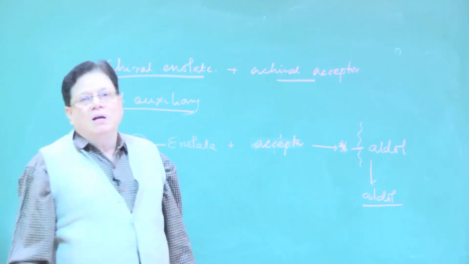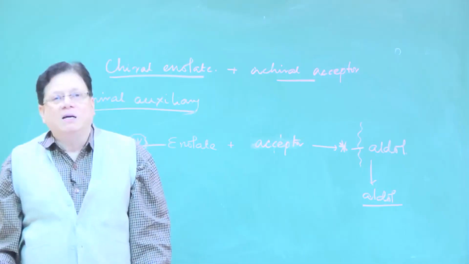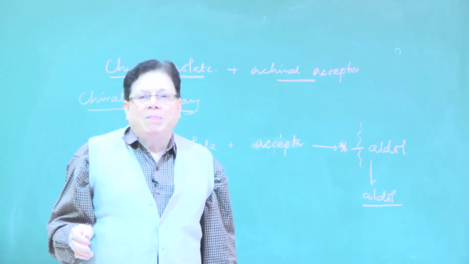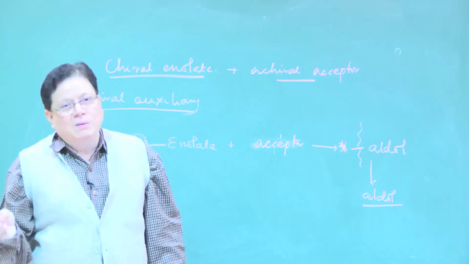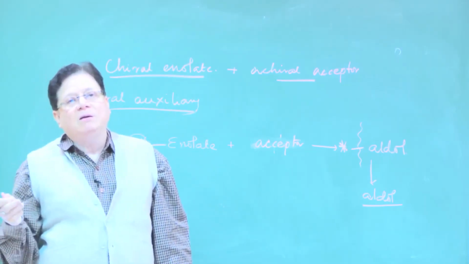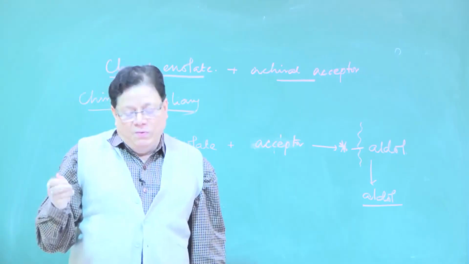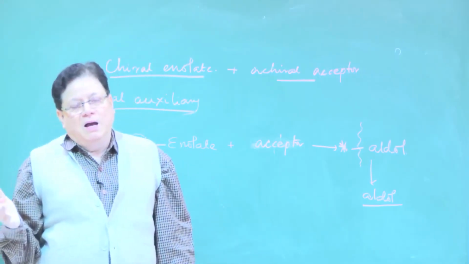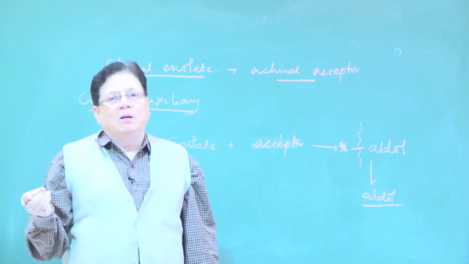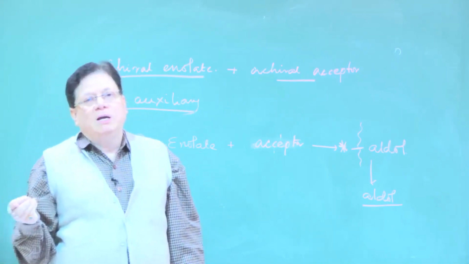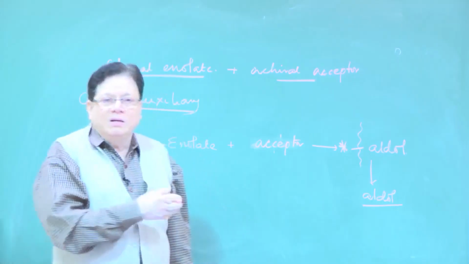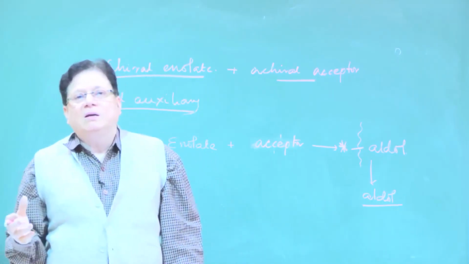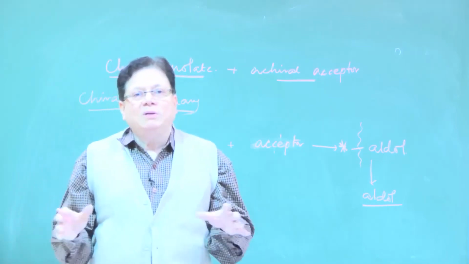The source is from nature, because nature provides us chiral molecules, and they are mostly produced in one chiral form. Okay. And from that chiral pool, what we actually get are either the chiral auxiliary or the chiral catalyst or the chiral substrate. All these are possible.